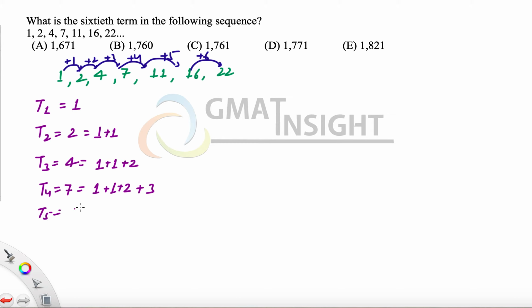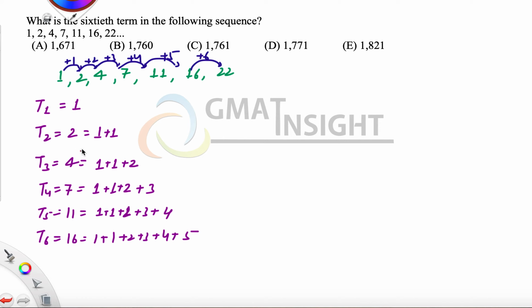So T5, the fifth term, that is 11, is equal to 1 plus 1 plus 2 plus 3, then you have to add 4 to it. Similarly, the sixth term, that is 16, can be written as 1 plus 1 plus 2 plus 3 plus 4 plus 5.